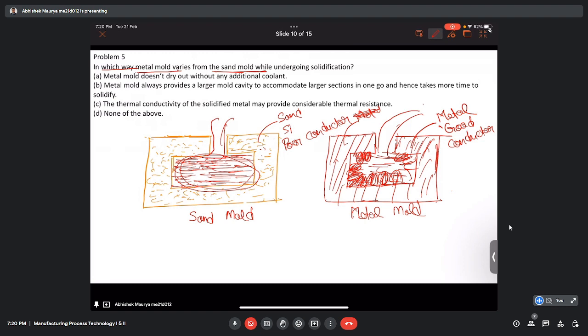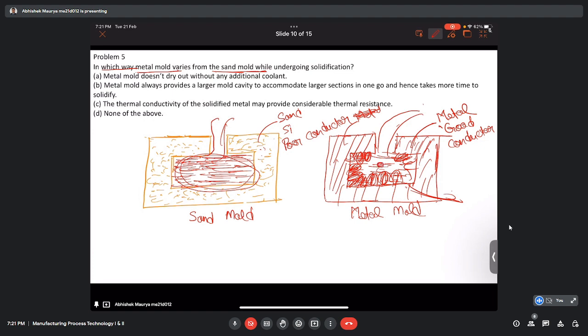In the metal mold, since it has good conductivity, directional solidification takes place very quickly. Metal quickly starts solidifying from the mold wall towards the center, whereas it will not take place in the sand mold. Heat transfer is very highly dependent upon the conductivity of the material which is coming in the way of the heat.